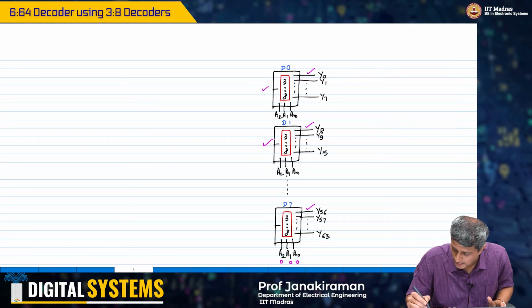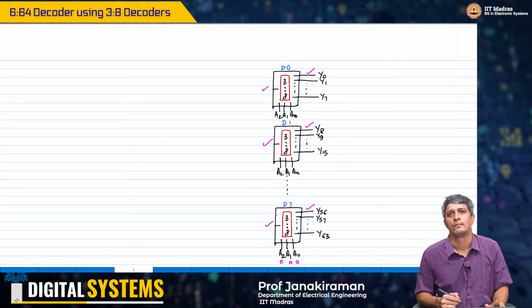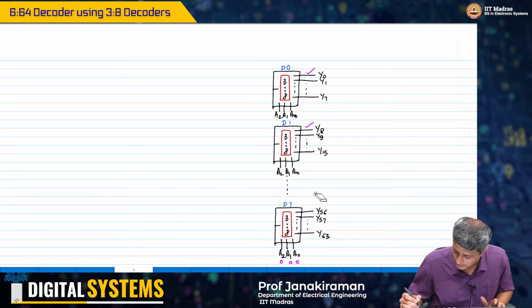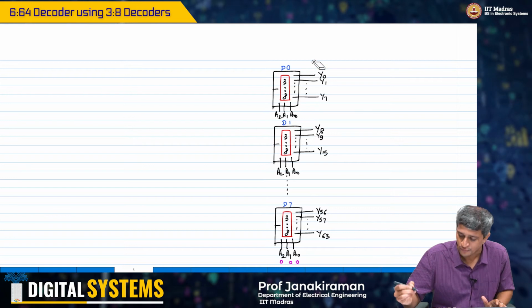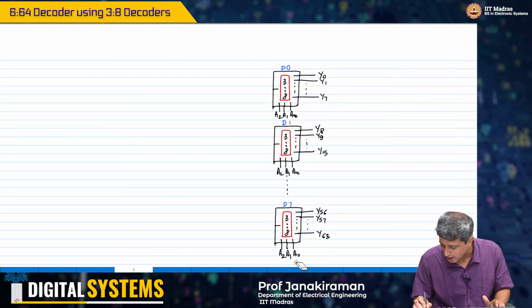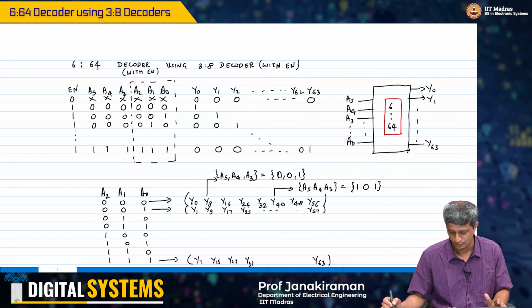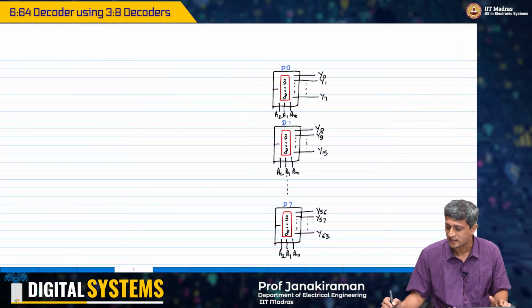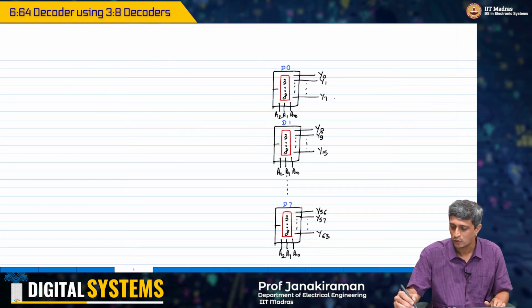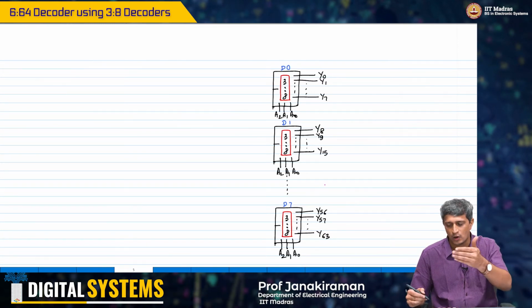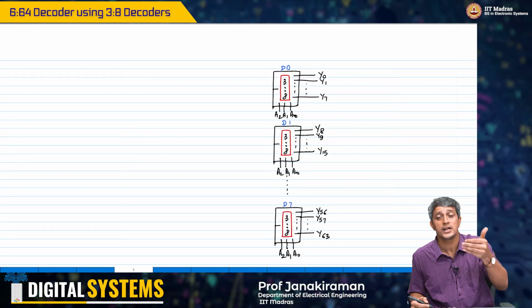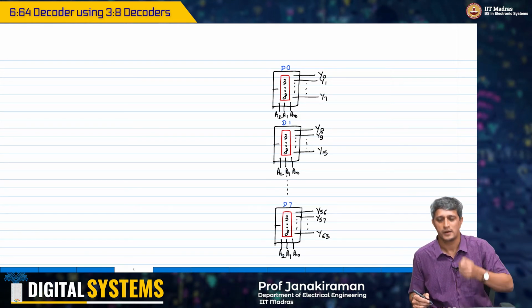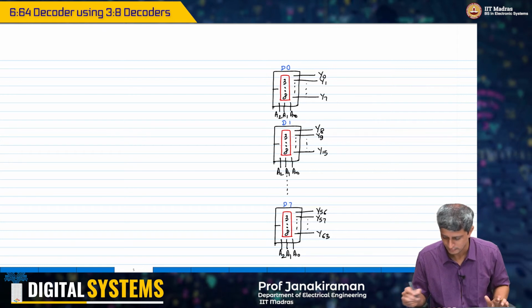Okay. So we'll have to now make the connection so that we get the desired behavior. But you are now able to see the mapping that we did here. Y0, Y8, Y16. So when it is 0, 0, 0, it is Y0, Y8, Y16 all the way to Y56. When it is 0, 0, 1, you have Y1, Y9 and so on. You just go on like this.